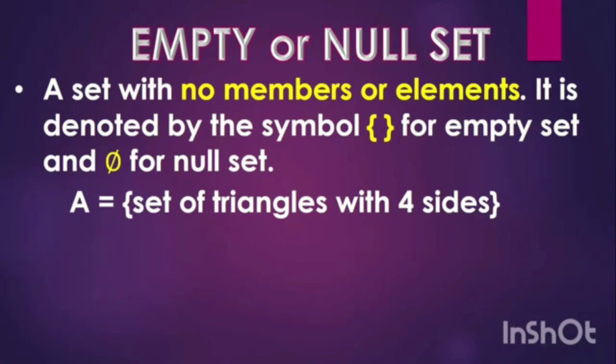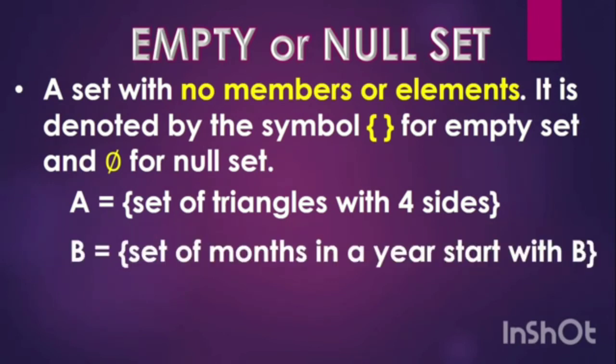Now, meron bang triangle na may four sides? Of course, wala. So, this is an example of empty set or null set. So, kapag hiningi sa inyo to, give the set of triangles with four sides, you will just have to answer empty set or null set.